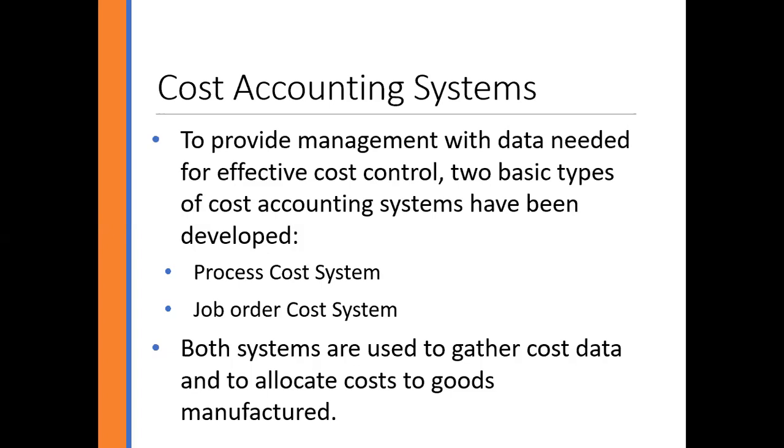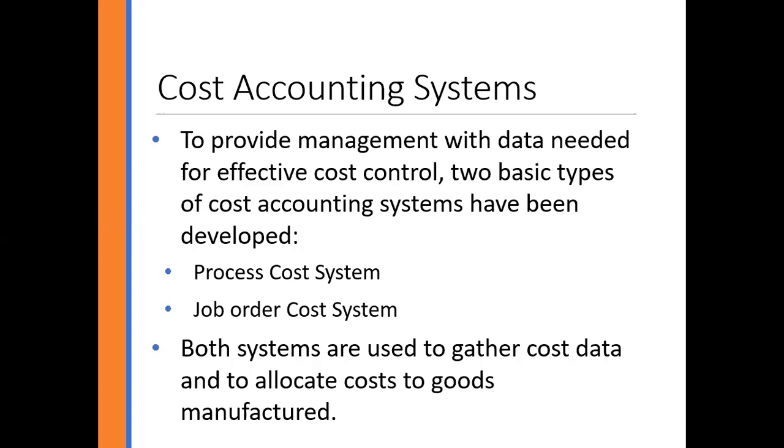Those are our two basic types: process cost accounting and job order cost accounting. Both of them are used to collect the cost data: direct material, direct labor, overhead. The systems are similar, but again, process costing involves some additional calculation.